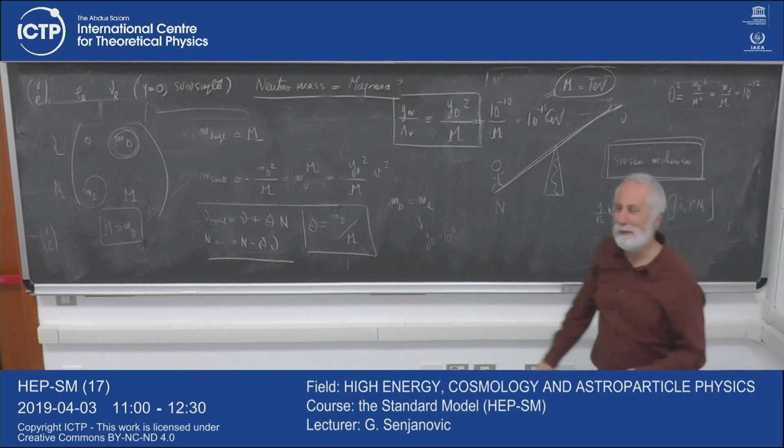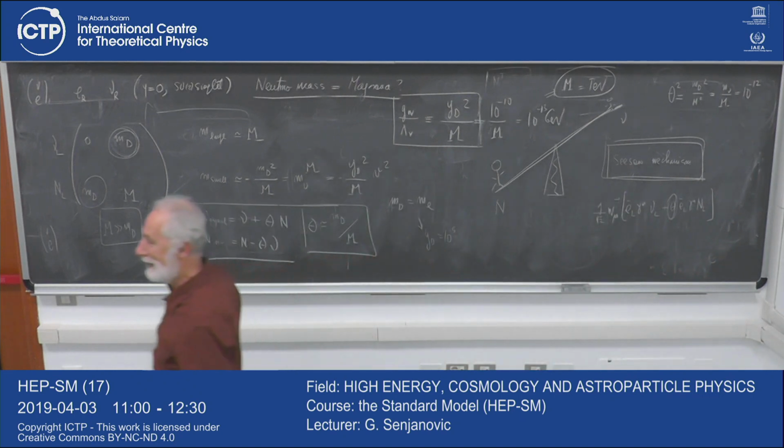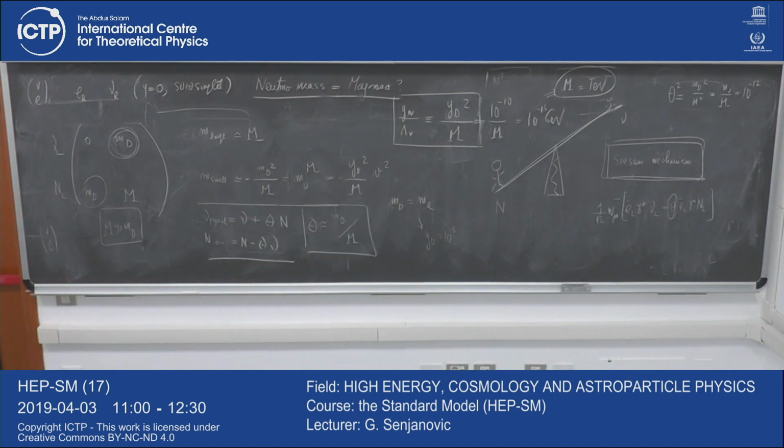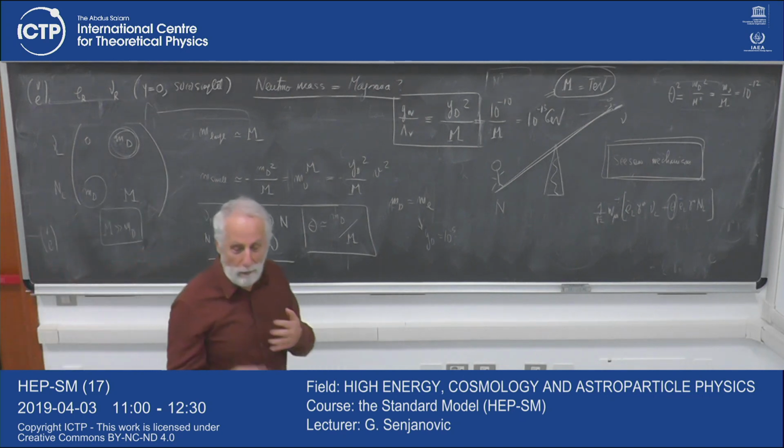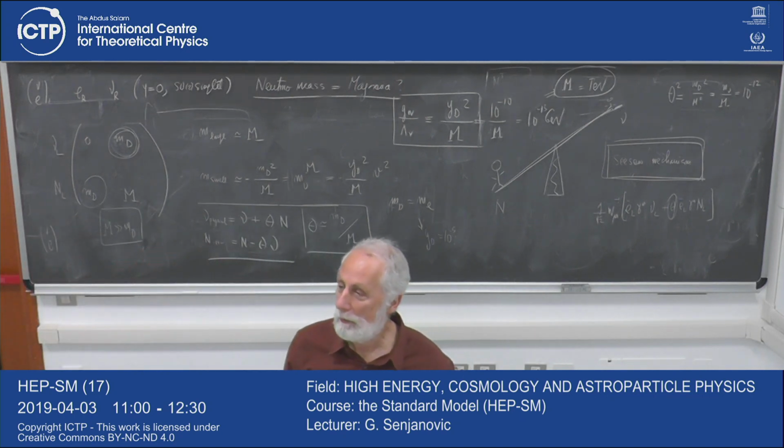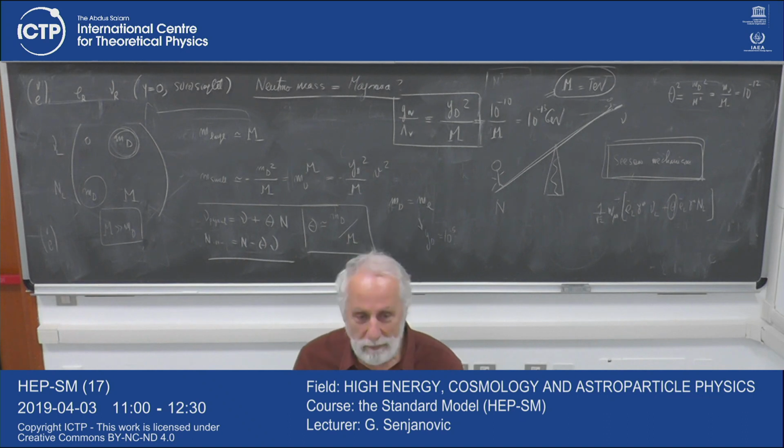I'm not going to produce a heavy particle with a probability of 10 to the minus 12. The particles we produce at the LHC are particles who have couplings of order 1. We use gluon fusion, we use coupling to the gauge bosons, etc. All the couplings in the standard model are order 1. That's why we can produce those guys.